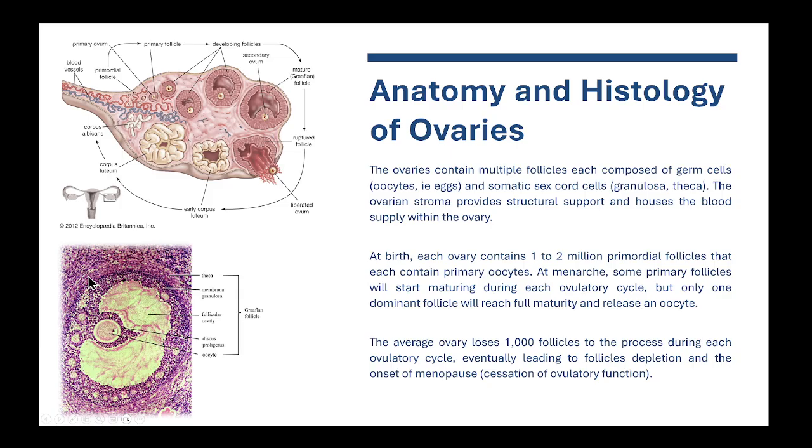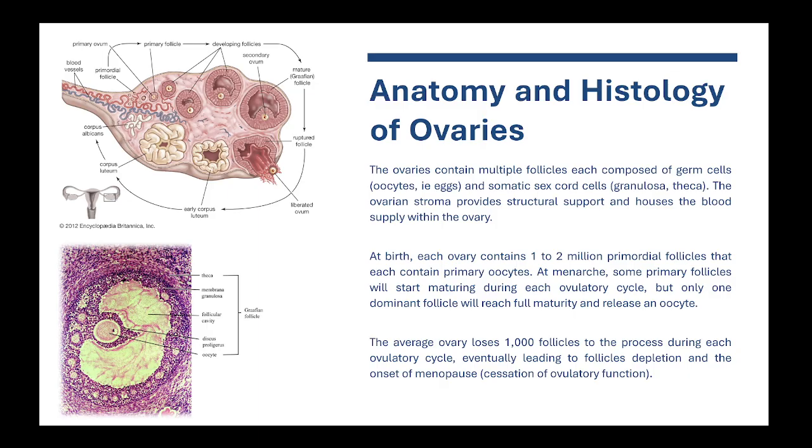At birth, each ovary will contain 1 to 2 million primary follicles that each contain an oocyte. At menarche, which is the onset of the menstruations at puberty, some of these primary follicles will start to mature during each ovulatory cycle, but only one dominant follicle will reach full maturity and release an oocyte, with the exception, of course, of the rare events where two or three oocytes could be released and give rise to multiple gestations.